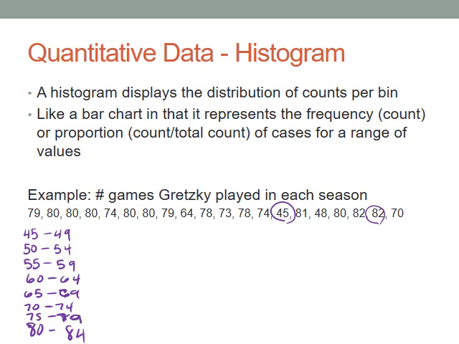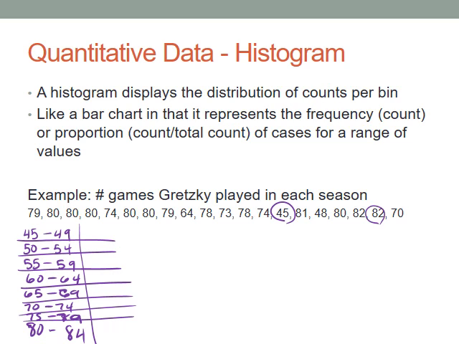So now that we have our bins that are all the same width, we want to count up how many values fall within each of those. So let's take a look, and I'm just going to cross them off as we go. How many values are from 45 to 49? We have 1.